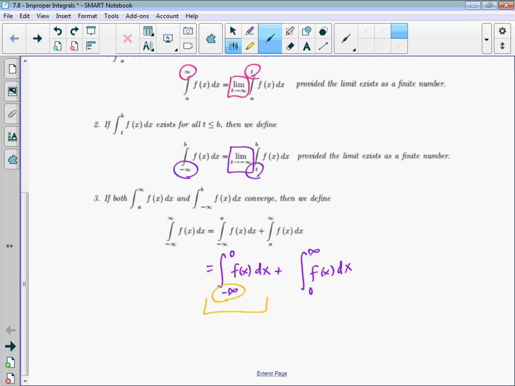So you'd solve this problem like above, and then you would do the same thing here. You'd replace your infinity and solve this problem like above. So then you would turn it into 2 problems. But you could pick this value being anything. 0 is just the easiest, so that's what we'll use in class. So any questions on the idea of it here?